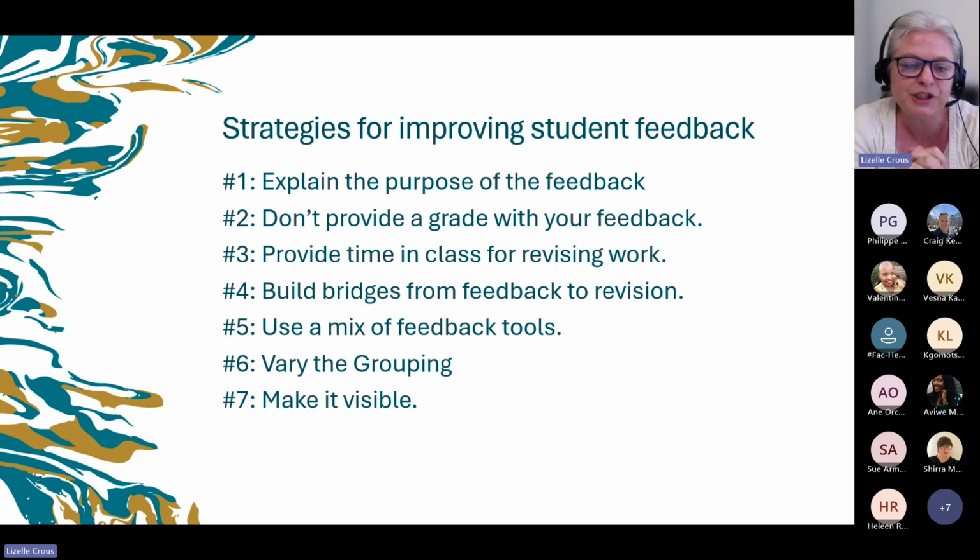So the first strategy highlighted, if you do a Google search, you will come up with some people calling it 5 strategies, and then there's 7 strategies, but I think this is quite meaningful. The first strategy is to explain the purpose of the feedback.